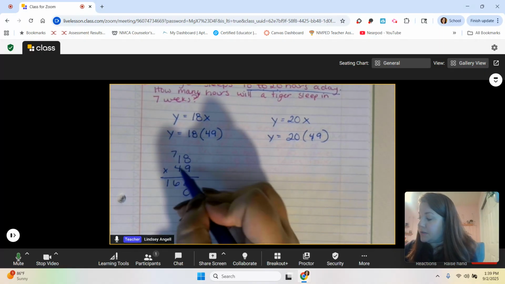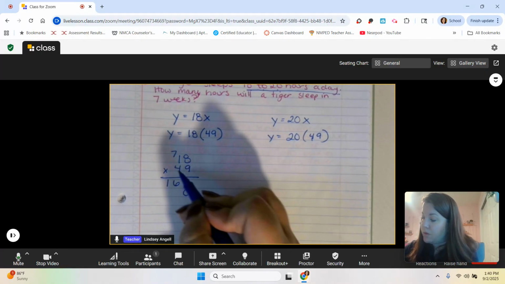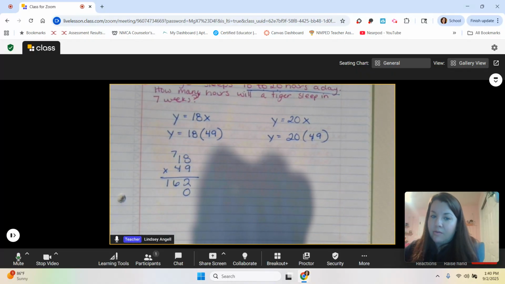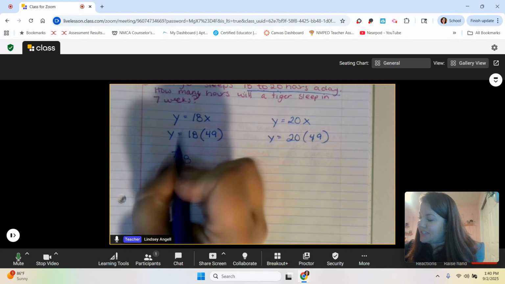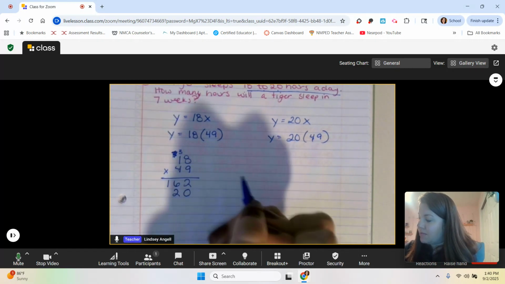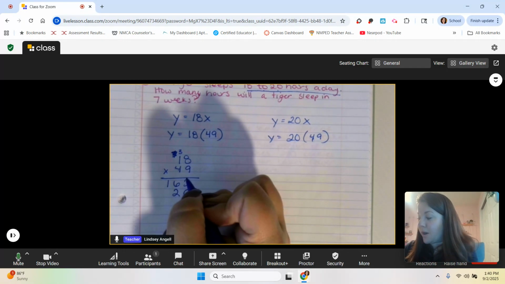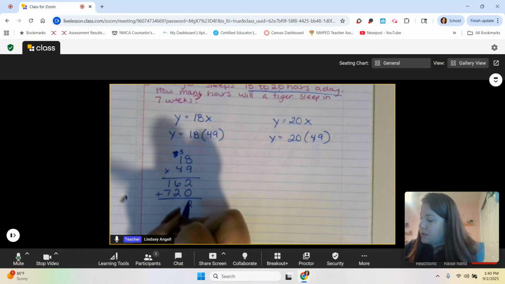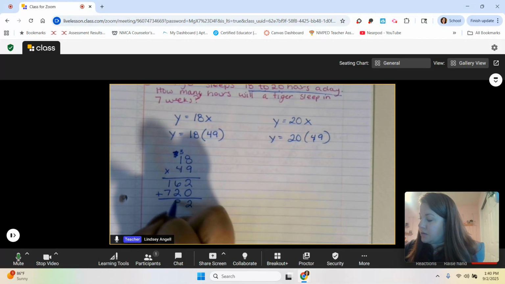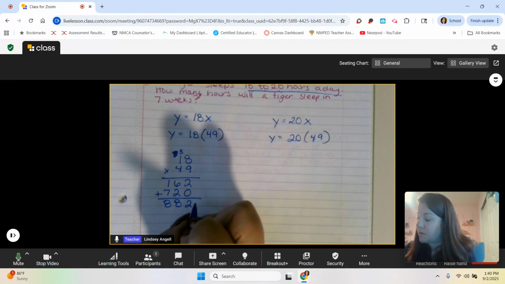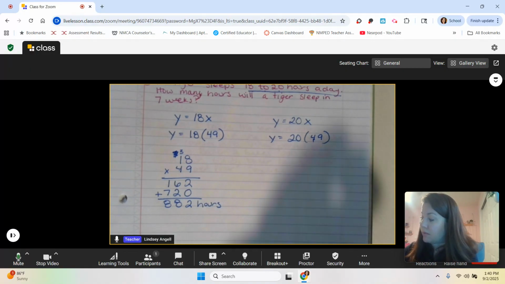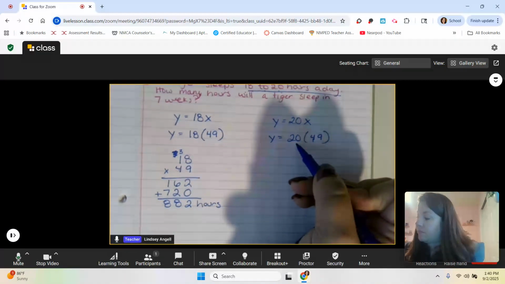I'm going to annex my 0 so I can start multiplying with my 4. 4 times 8 is 32, so I'm going to drop my 2 and carry my 3. 4 times 1 is 4, plus 3 is 7. Add them together. 2 plus 0 is 2, 6 plus 2 is 8, and 1 plus 7 is 8. So there's one of my numbers. 882 hours. Holy moly.